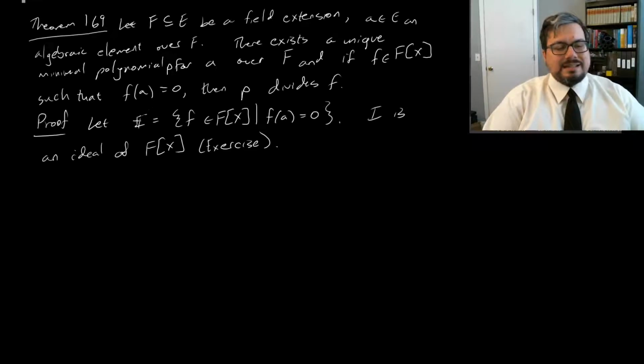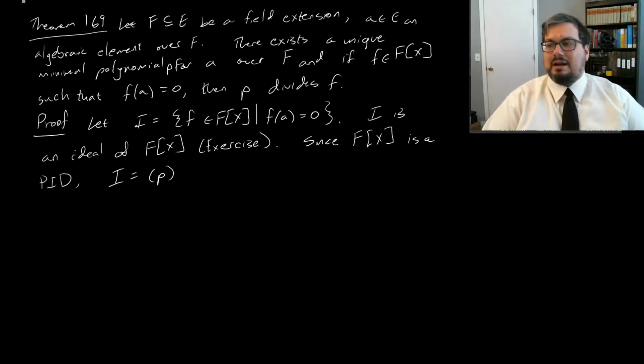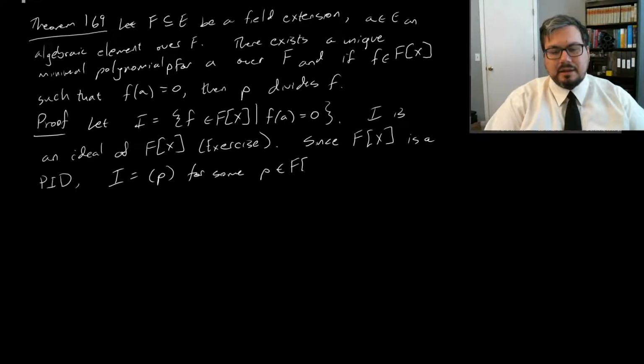So since this ideal I is an ideal of F adjoin x, we know that it's principal. Since F adjoin x is a PID, we have that I is generated by some single polynomial p for some p in F adjoin x.